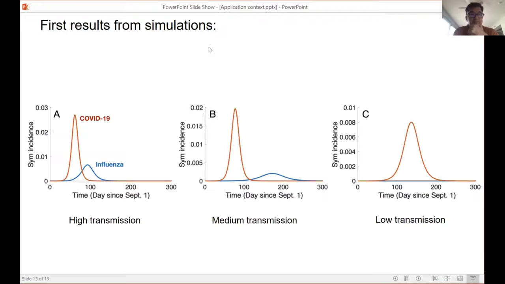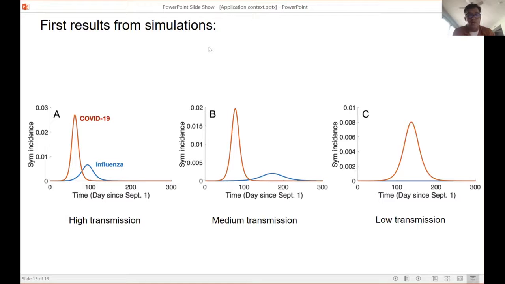Next slide. And this is just a little bit of an illustration of some of the results that we'll be able to bring together. This is just a first pass at some of our simulations. You can see here that on the y-axis, we have incidence of disease, both with COVID and influenza, time since September 1st on the x-axis, and then three scenarios: a high transmission scenario, a medium transmission scenario, and a low transmission scenario.